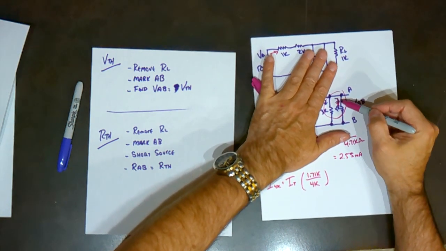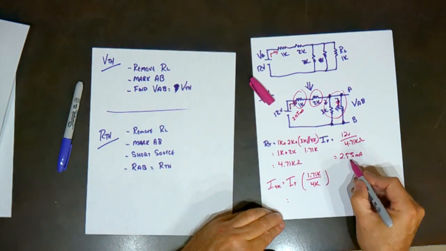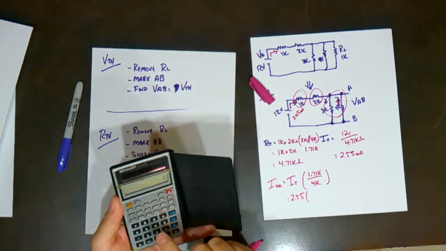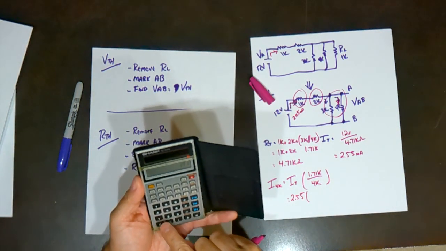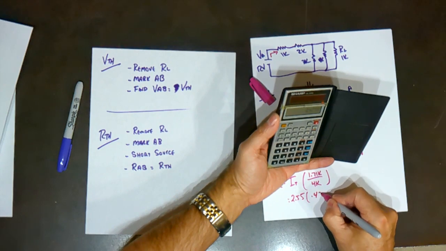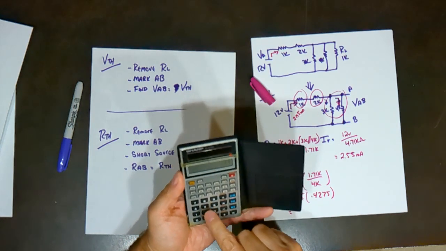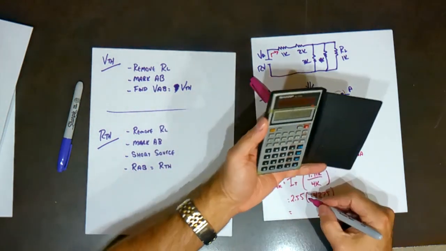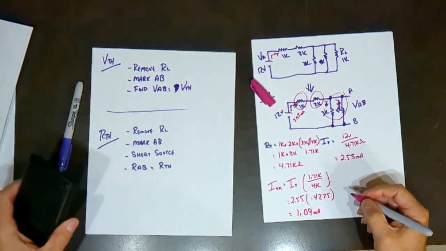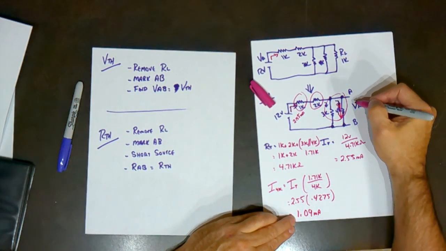So in that split, we care about the one branch there. So I total was 2.55 multiplied by 1.71 divided by 4 is 0.4275 times 2.55 milliamps, and that gives me 1.09 milliamps. So the current going through that branch is 1.09 milliamps.